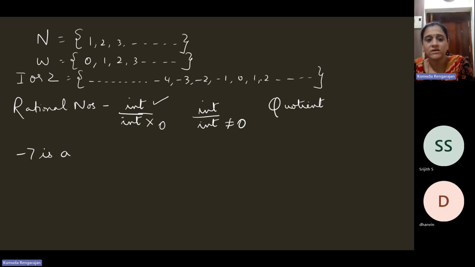A rational number looks like integer divided by integer, so it's a kind of division. Q comes from the first letter of the word quotient, because rational numbers have a P by Q form, and when it's division, the answer is called a quotient.